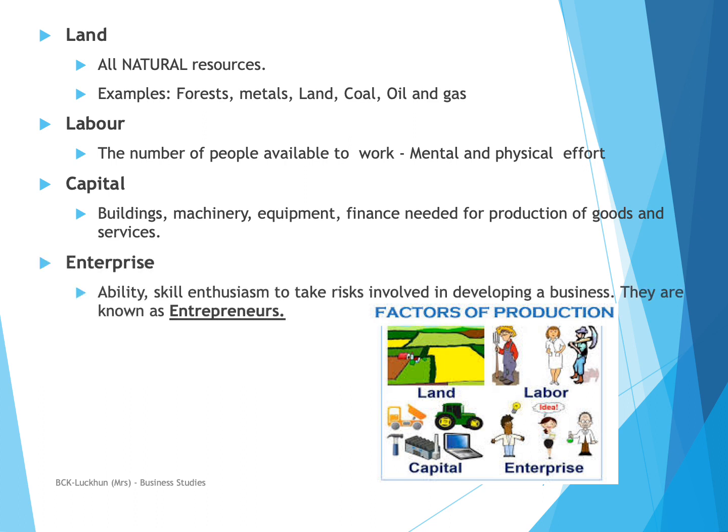And the last factor of production is enterprise. Enterprise is all about the ability, the skill, and enthusiasm to take risk involved in developing a product. They are known as entrepreneurs.